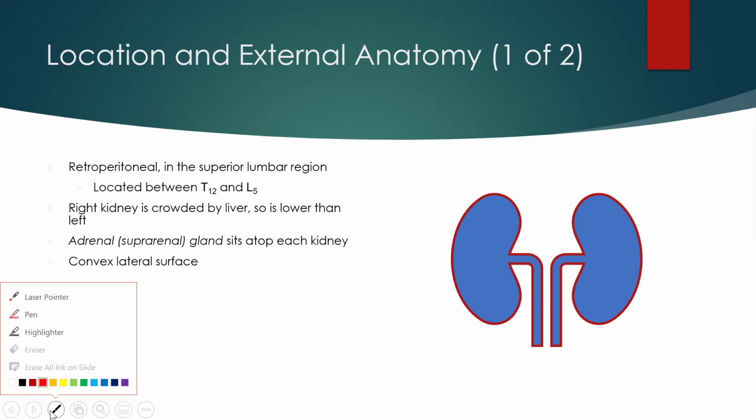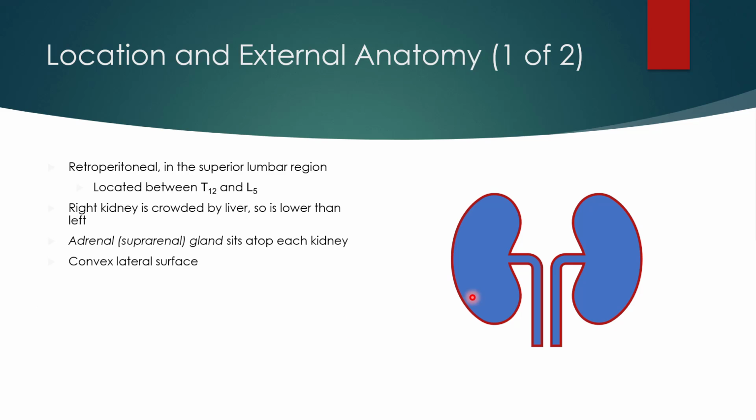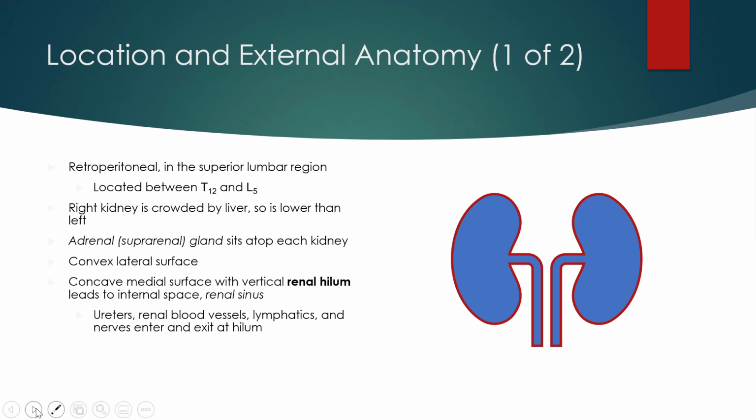The inside shape is concave, and then it has a convex lateral surface, and the middle part is what you call the hilum, which is the concave part. The ureters exit out of the renal hilum, together with the blood vessels, the lymphatics, and nerves.